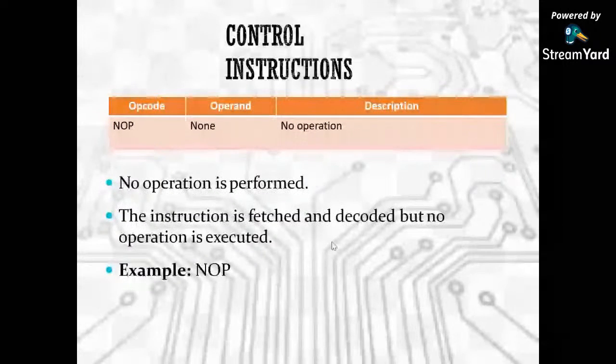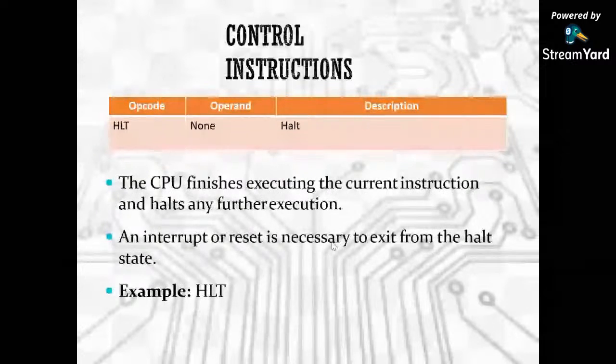For example, NOP, operannya nggak ada, it means that you already finish your line. HLT also does the same, yeah, it is necessary to exit the program. So interrupt or reset is needed in order to exit this state.